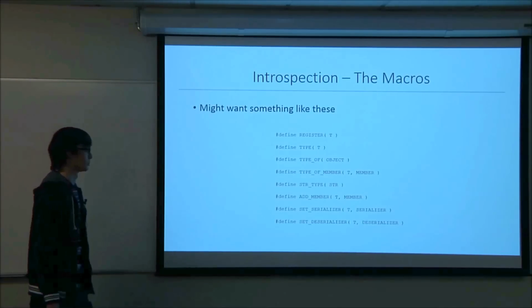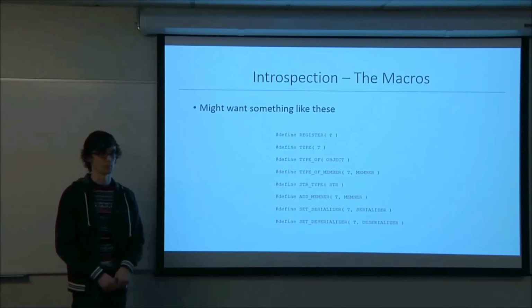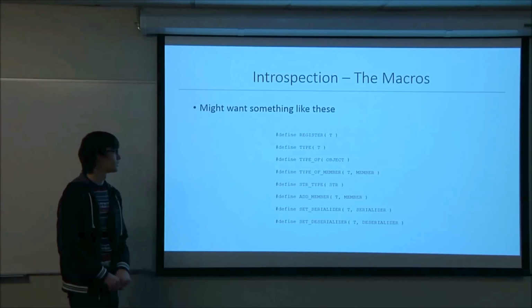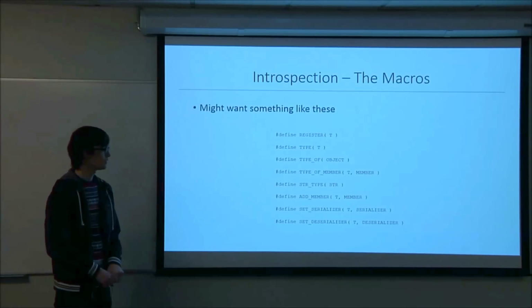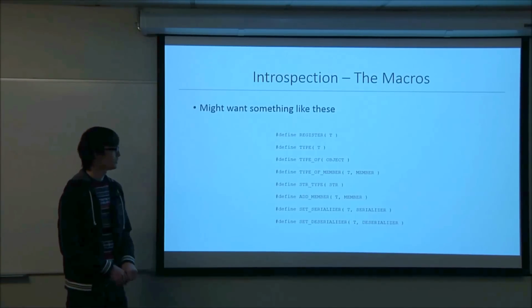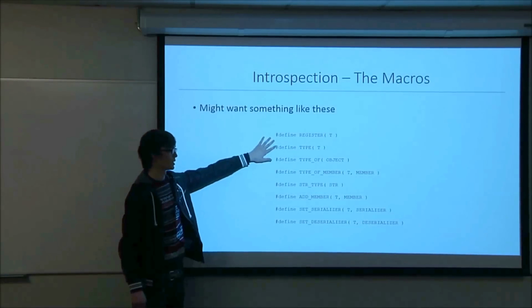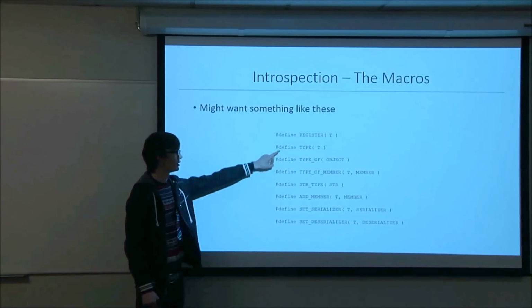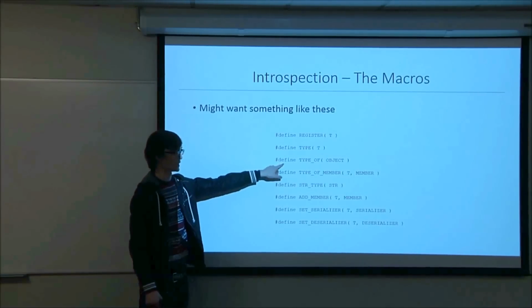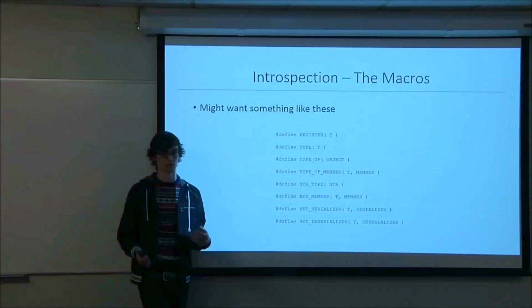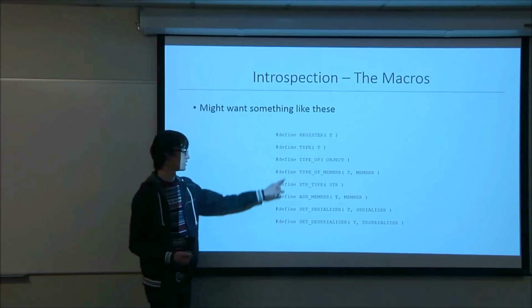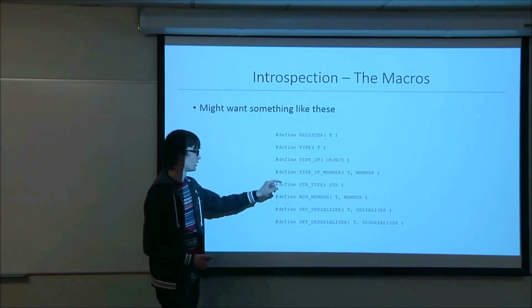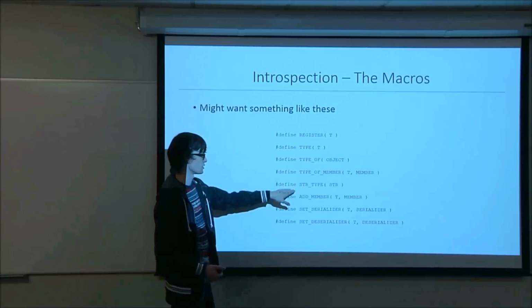And then here's a bunch more macros that you'll probably end up making, or something to this effect. So whenever you register some type, there's a bunch of different ways you can retrieve it. You can retrieve it by a template type, by passing in an actual object and then using decltype on it, which then uses this one. You can look up a type by a string.